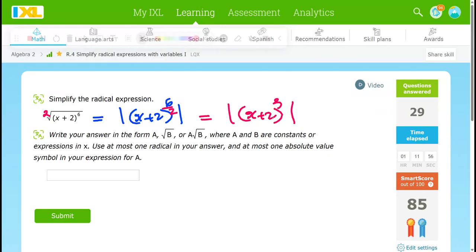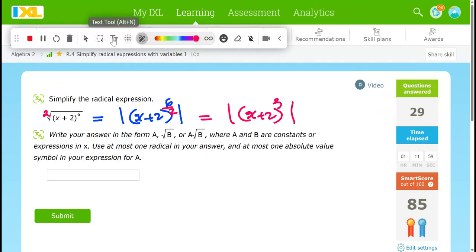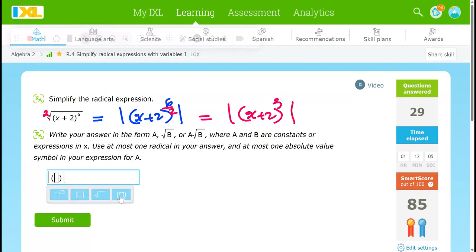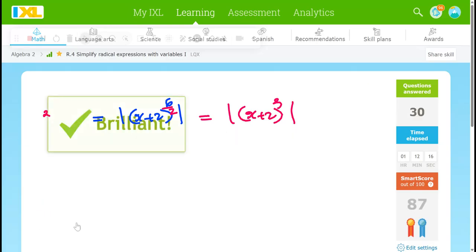I keep the absolute value sign in because power 3 is an odd number. Absolute value, parenthesis, x plus 2, outside the parenthesis put the power button, power 3. Voila.